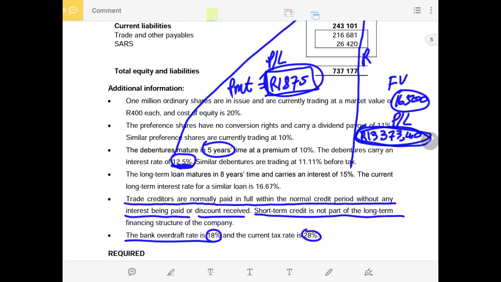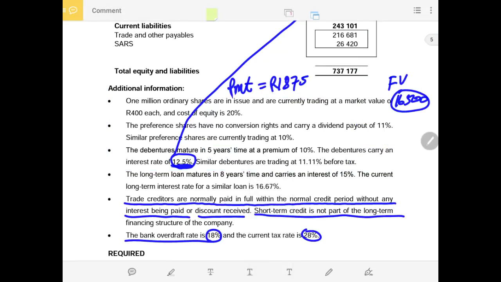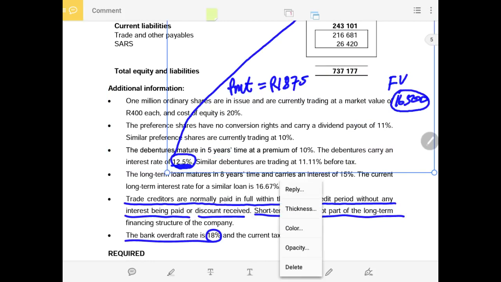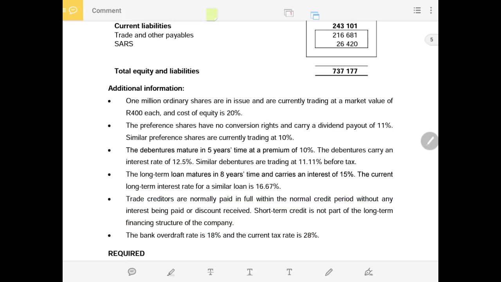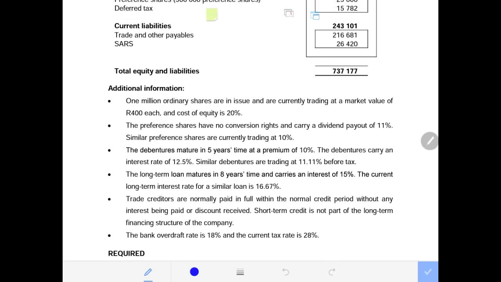The minute there's a tax rate, we need to take the tax rate into account, meaning our interest must be after the tax has been taken into account. But that is with the exception of the dividends, because dividends don't affect tax.